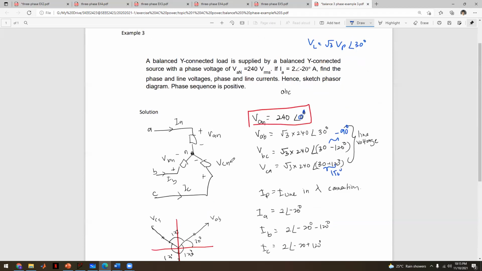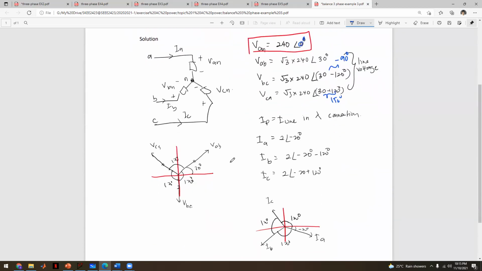If you want to plot the phase voltage, this one is your phase VAN, and then this one should be your VBN, which should be shorter than your V line, and the last one is your VCN. So there should be 30 degrees difference between the phase and the line.